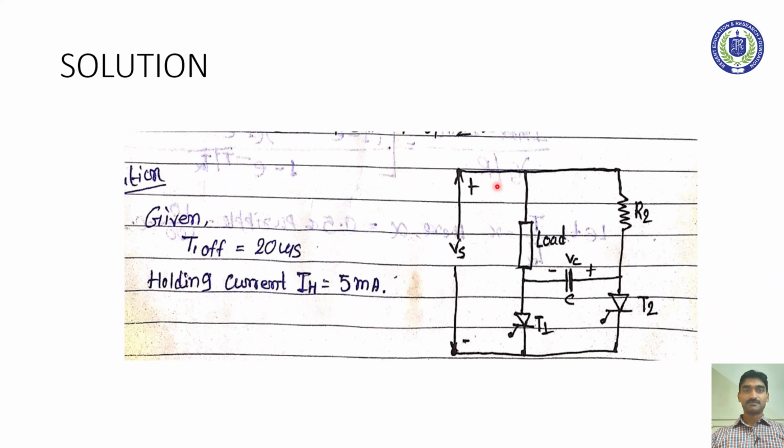Now this is the figure as per the question. This is T1, this is T2, these are the two thyristors, this is the capacitor C, this is the load, this is the resistance, and this is the source voltage V1. So what we have been given so far: T1 is 20 microsecond and holding current IH is 5 milliampere.